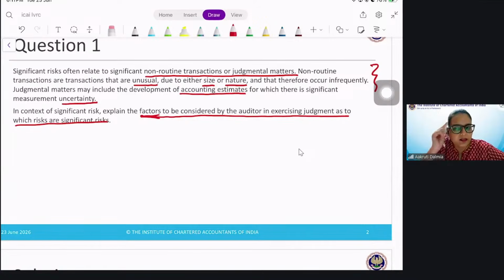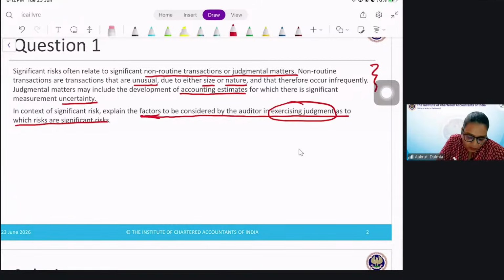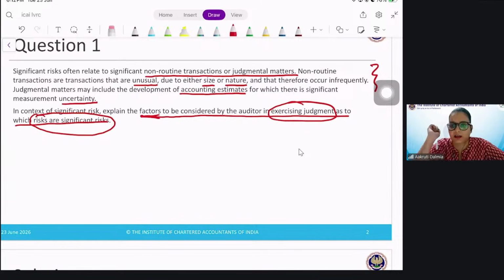Now let's try to understand how to think, how to reach the answer, how to make the answer click in my head. Okay, what is the point? Explain factors to be considered by auditor in exercising judgment as to which risk are significant risk. Okay, let's say Mehak, you are audit assistant, okay?